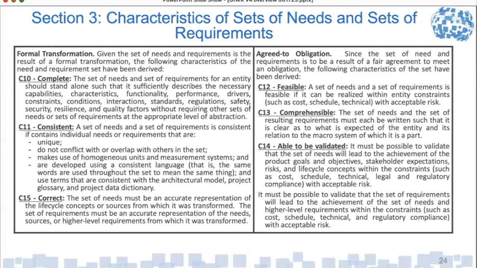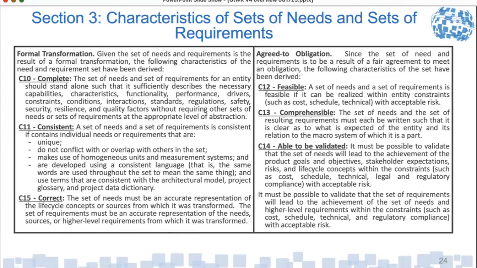Section 3 talks about characteristics of sets of needs and sets of requirements. Again, we have a formal transformation. So you want the set itself to be complete. You want consistency within the set and also consistency of that set with other like sets for the system. And you want that set to be a correct set.